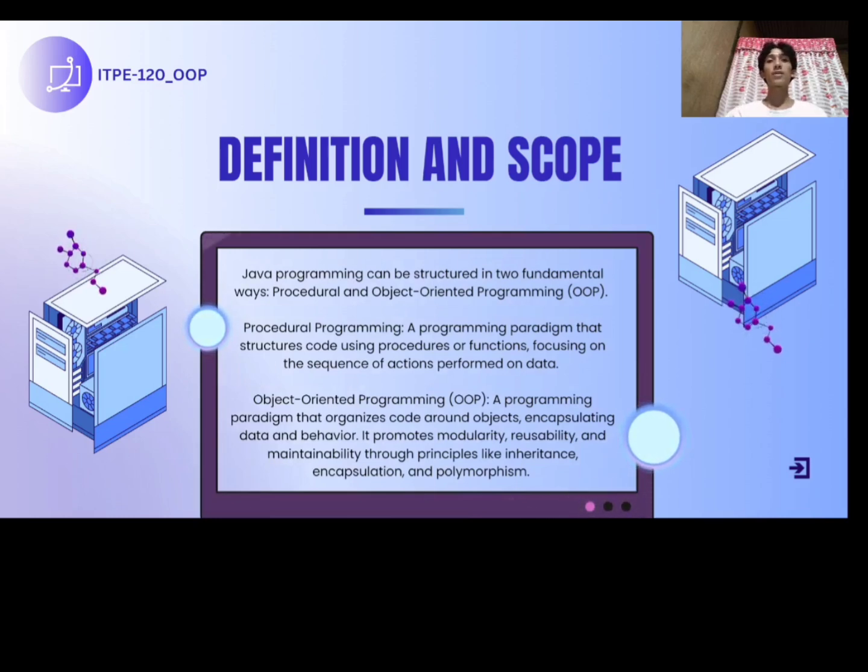While object-oriented programming, or OOP, is a programming paradigm that organizes code around objects, encapsulating data and behavior. Now, it promotes modularity, reusability, and maintainability through principles like inheritance, encapsulation, and polymorphism.